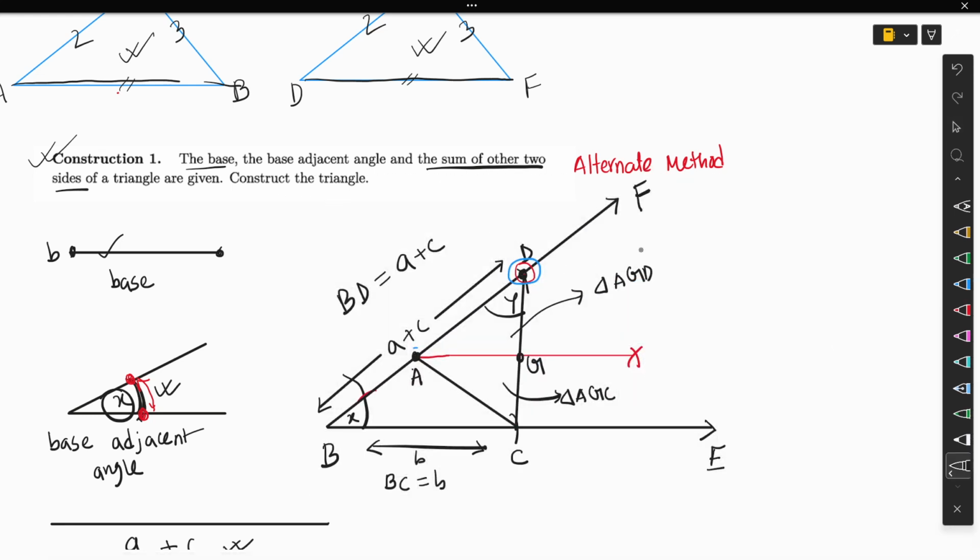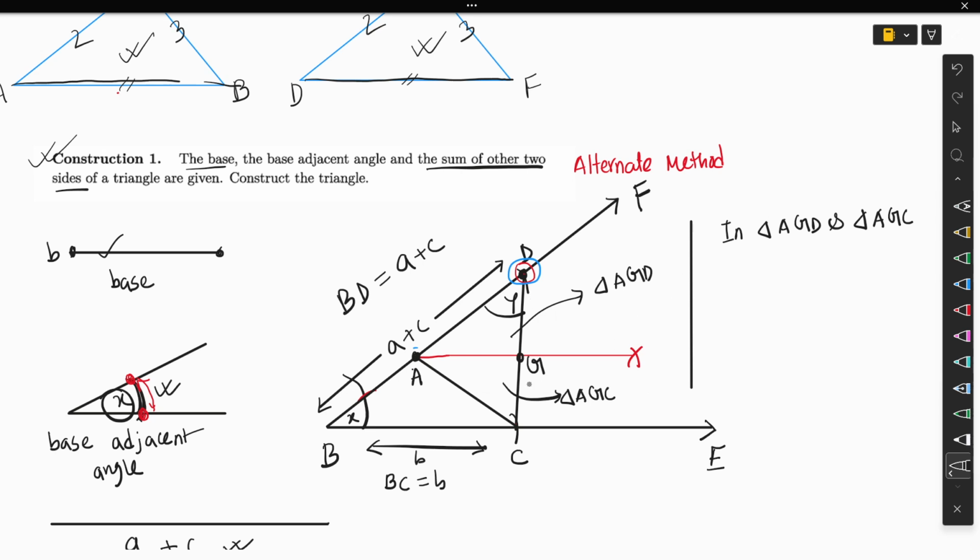Here in triangle AGD and triangle AGC or ACG, whatever you want to say, listen very carefully.